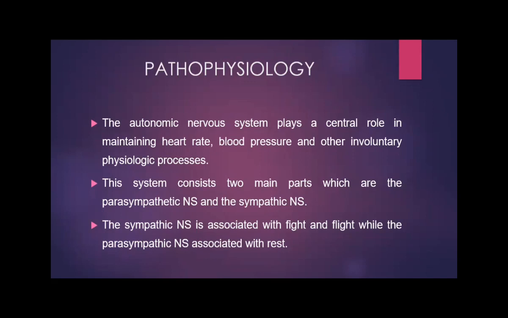So the sympathetic nervous system will increase the heart rate and constrict the blood vessels so that the blood pressure can increase, and then there will be more glucose conversion and other things. That's how the sympathetic nervous system works. Those are the two systems associated.